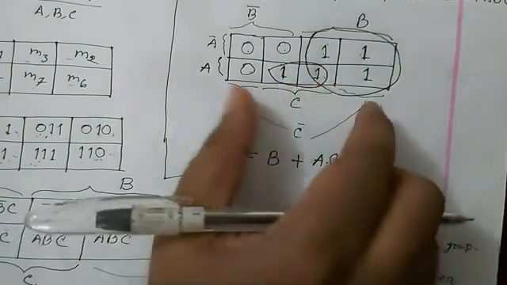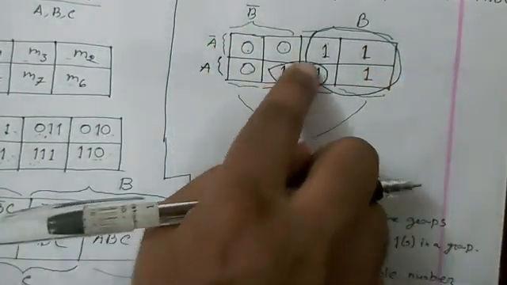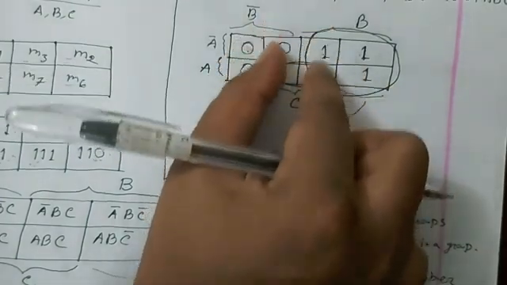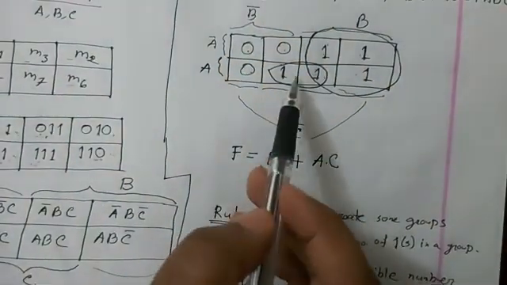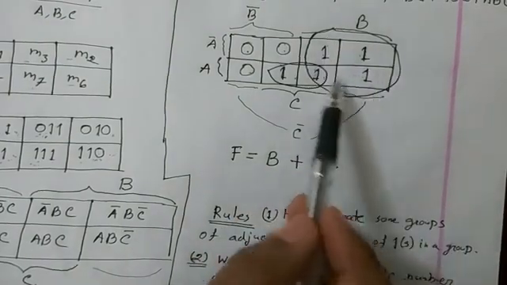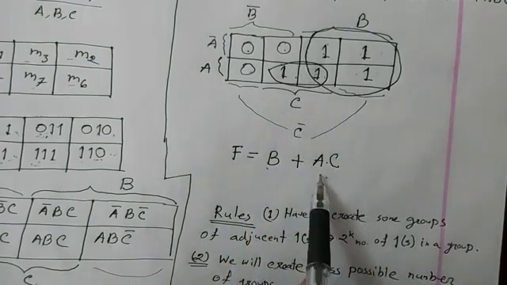And obviously not C prime. C prime is here. So this small group is inside our A and inside our C. So from this group we got AC. So from the first group we got B, and from this group we got AC.